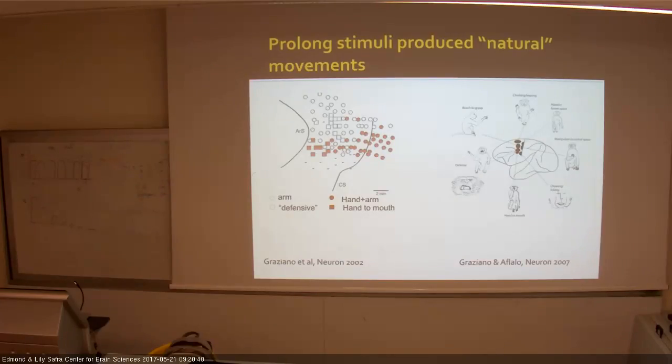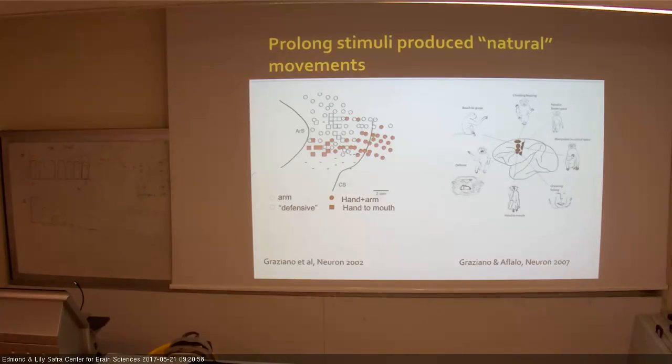So his idea was that the movement representation of the motor cortex is not of a single joint, but rather of a type of movement or a goal of a movement, which is very different.